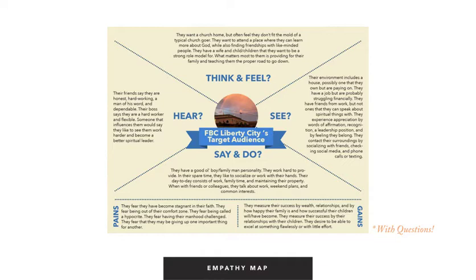The main portion of the empathy map challenges you to think about what each person hears, sees, thinks, feels, and does in regards to being a part of this nonprofit or being a part of this nonprofit at a certain moment in time. It's kind of like a snapshot of your target audience's main concerns and thoughts on the subject. There is also a section at the bottom that highlights any pains or gains that they may have in consideration.